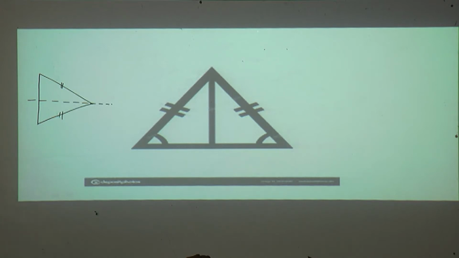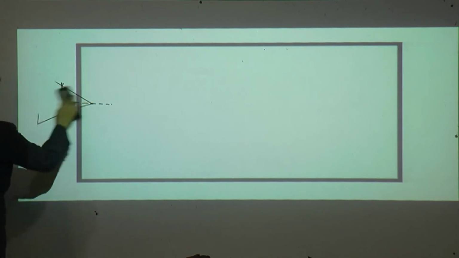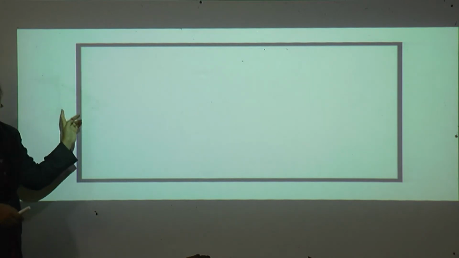How? Let me explain. See, which type of shape is this? Yeah, it is a rectangle. Okay, now students, here the rectangle has parallel sides, isn't it? Even all angles are 90 degrees.